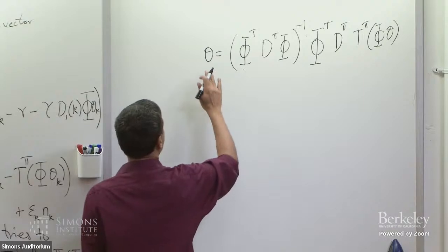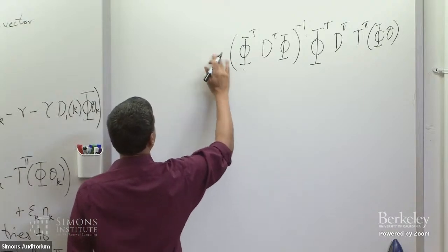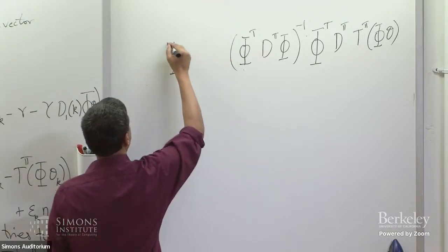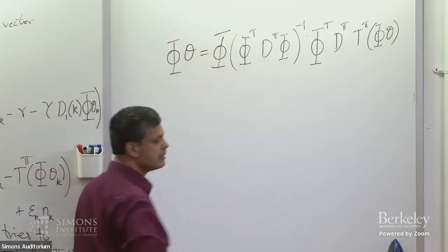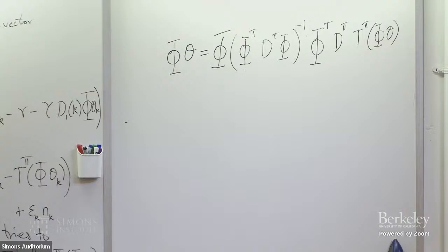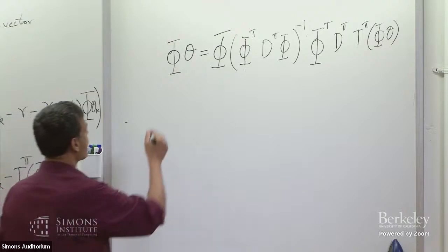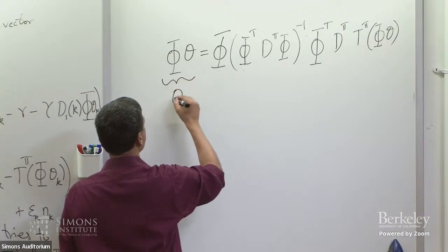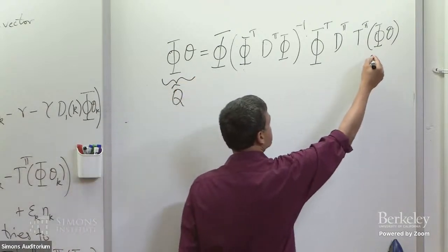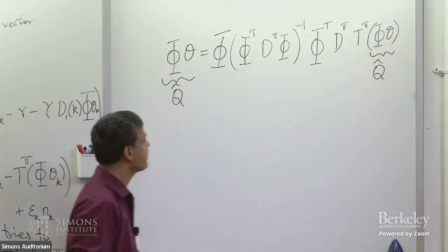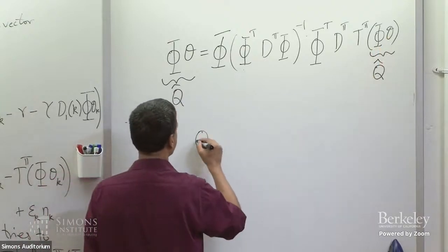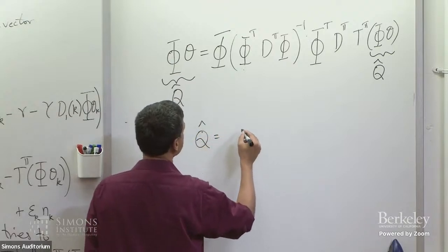Then if I multiply both sides by phi, I call this quantity Q hat, because we're trying to estimate Q as phi theta. So we have a fixed point equation of this form.